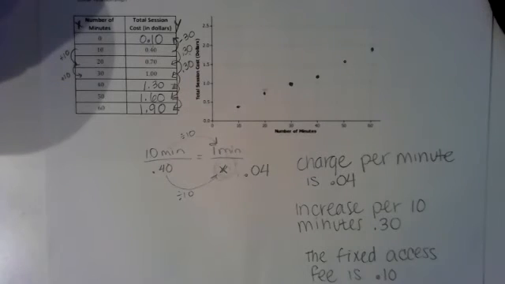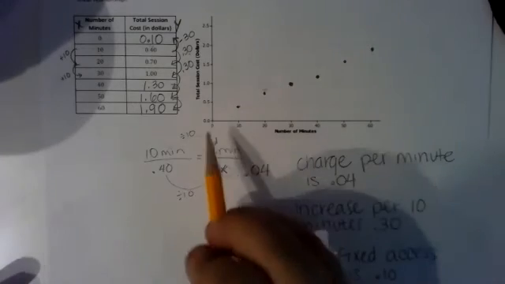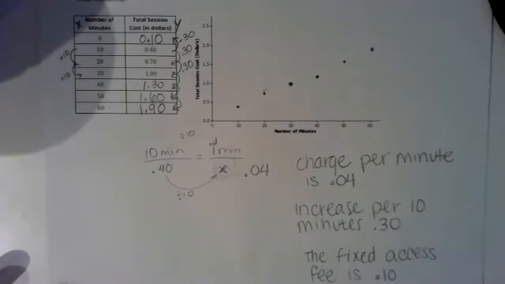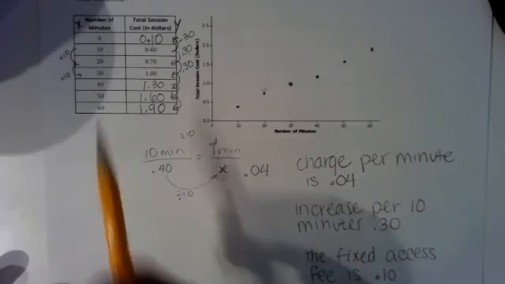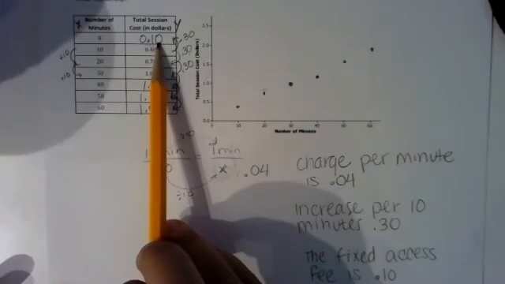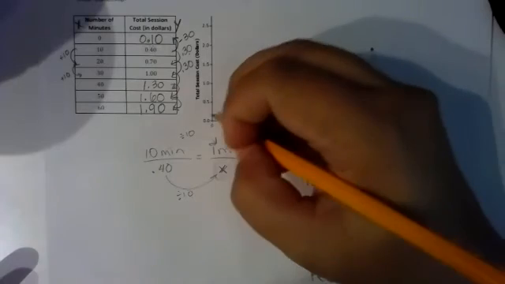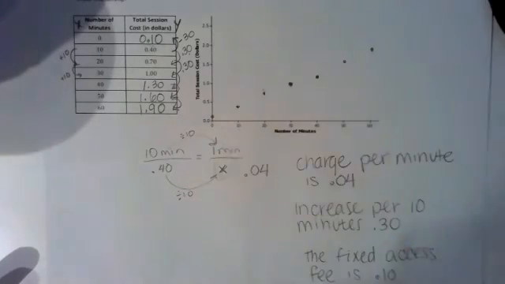Okay, now let's look at plotting the 0 on the graph. So if I'm at 0, where do I need to put my point? 0 minutes is costing me how much? 0.10. Okay. So that's like 0.1 there.